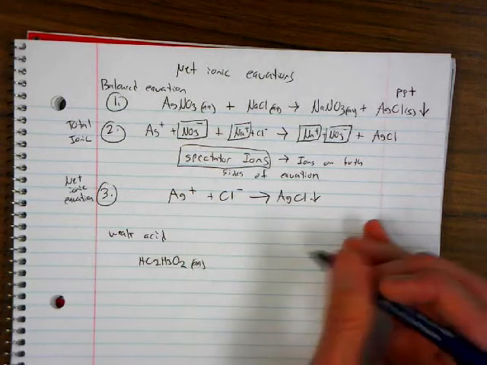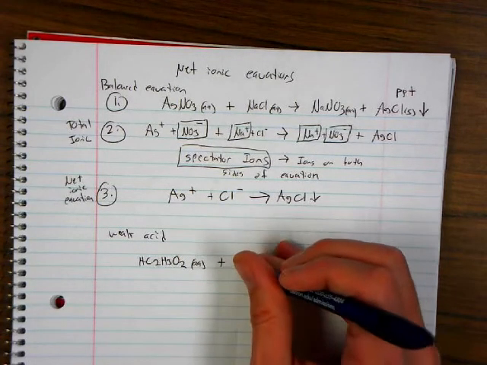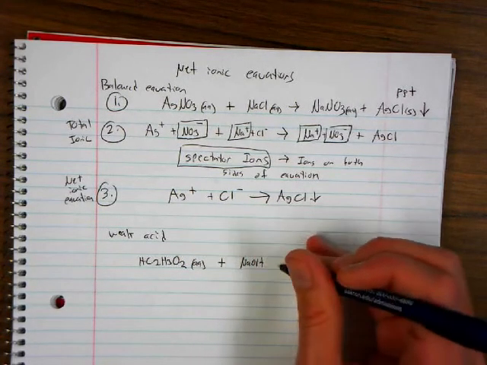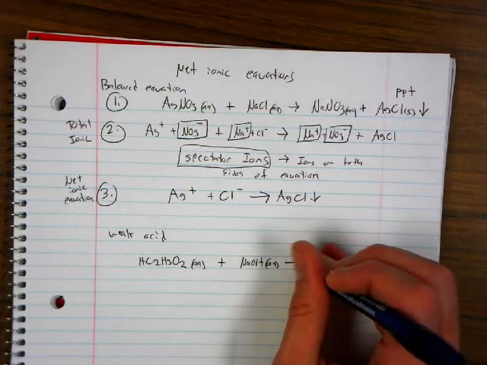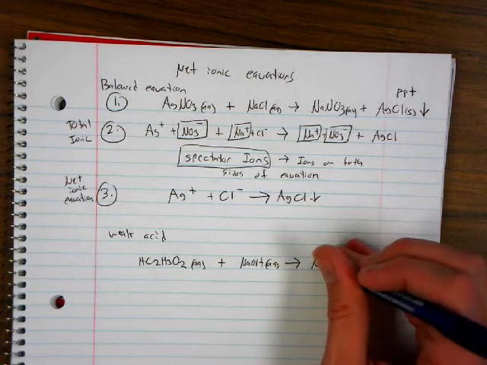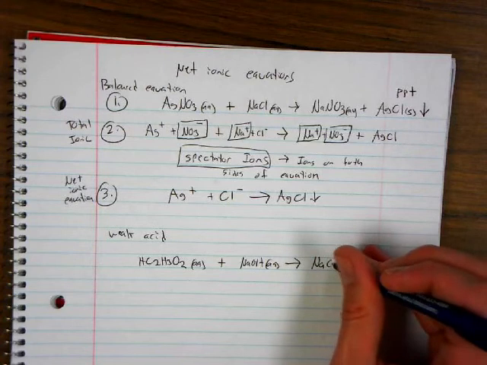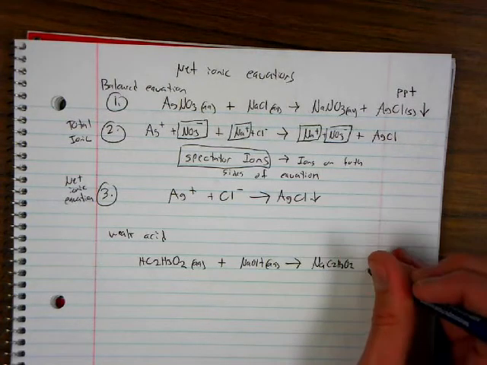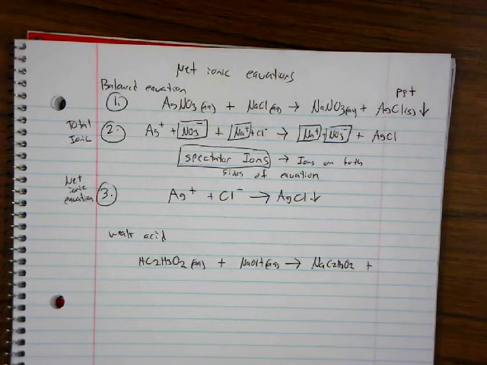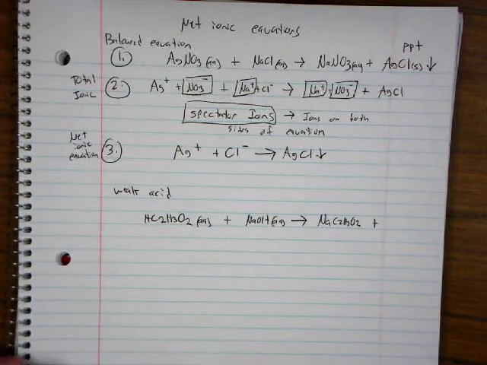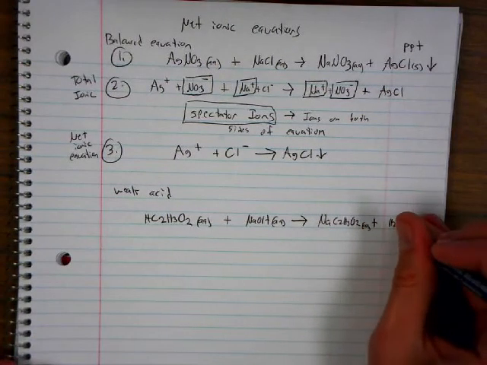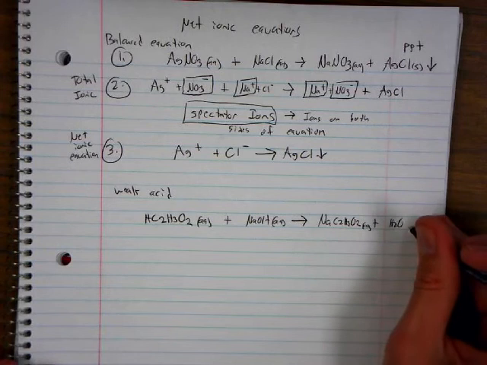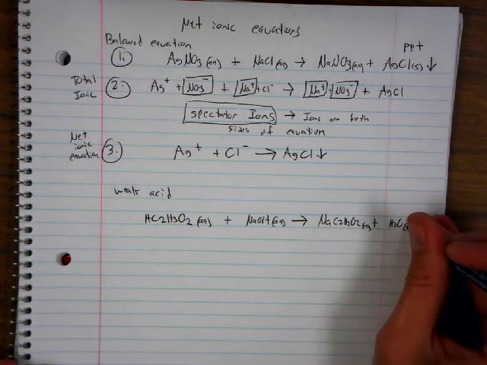Let's do a weak acid example. So here's a weak acid. So if I have HC2H3O2, which is AQ, plus NaOH, which is AQ, gives me sodium acetate, NaC2H3O2, plus what?